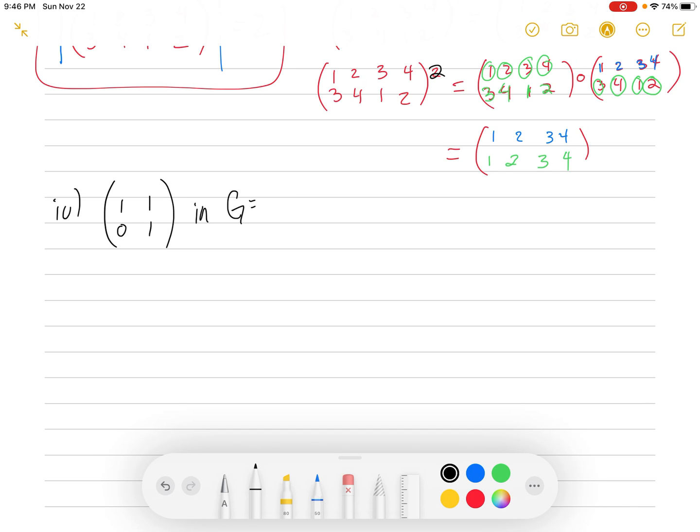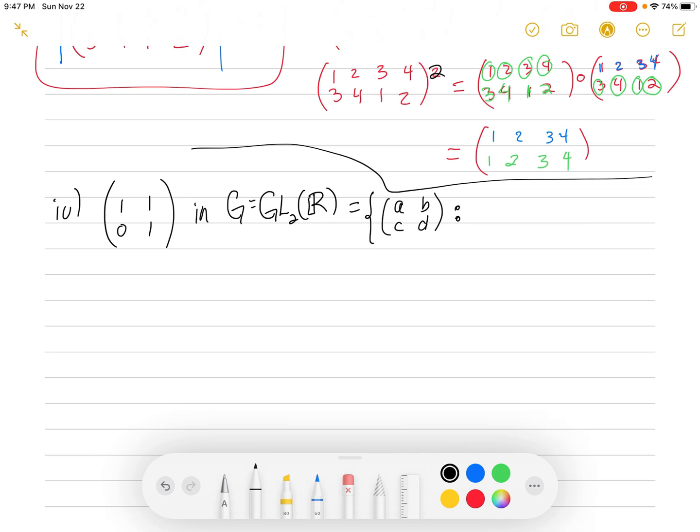So my group is going to be the 2 by 2 matrices. Sorry, the general linear group, the invertible matrices, GL2 of R. Remember what this is: the set of all 2 by 2 matrices of the form A, B, C, D such that AD minus BC is not 0.